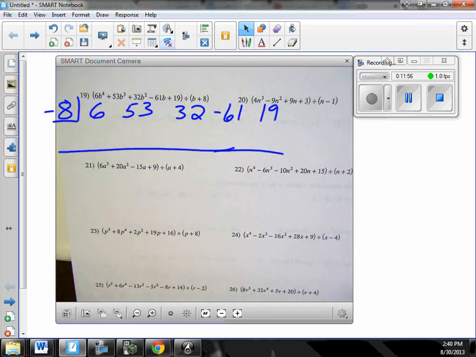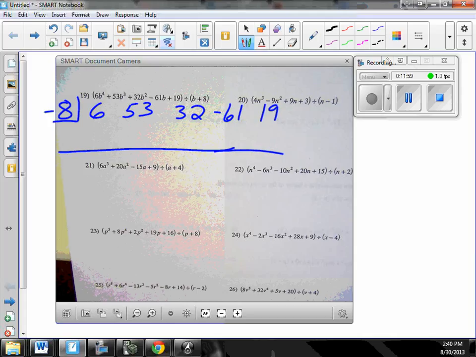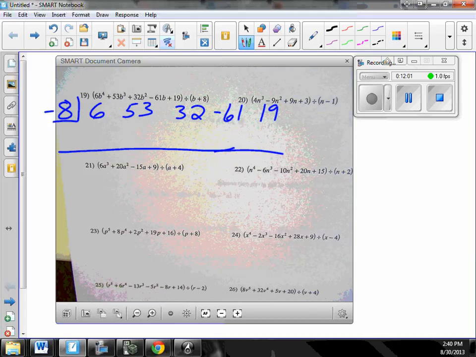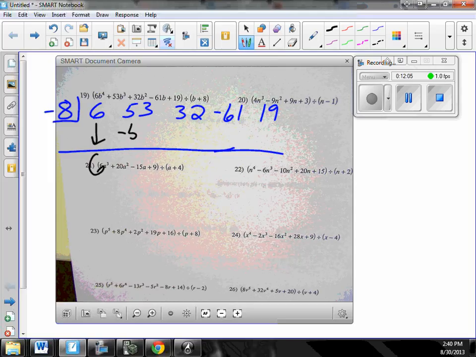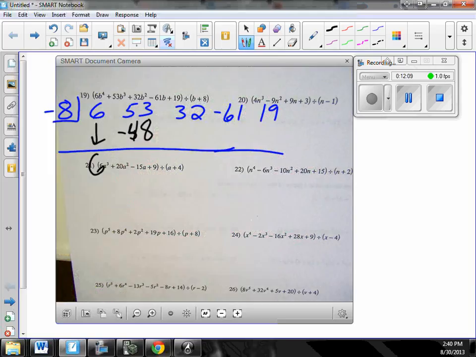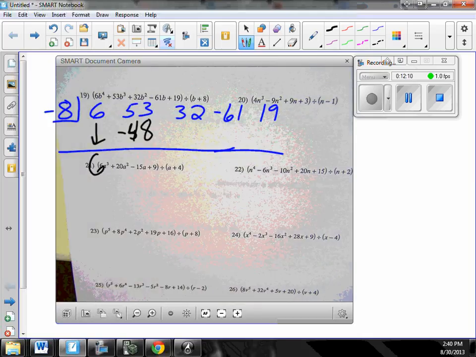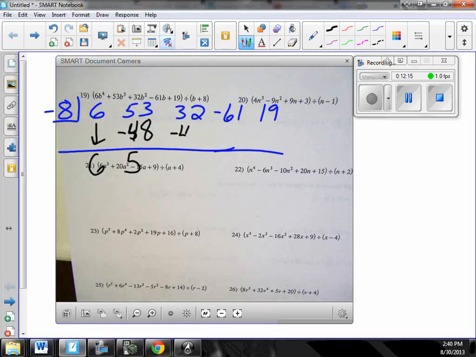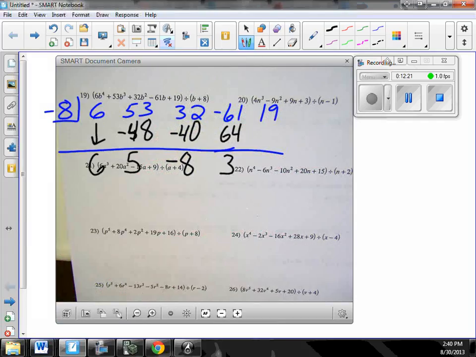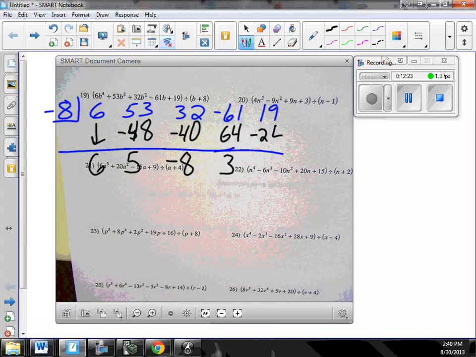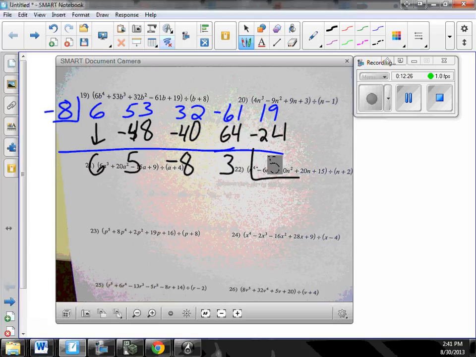So I drop the 6, negative 48, which gives me a 5, which is negative 40, negative 8, 64, 3, and negative 24, which is negative 5.